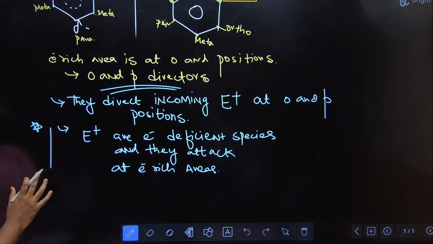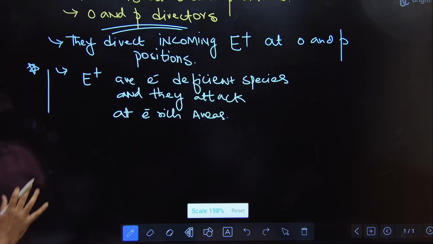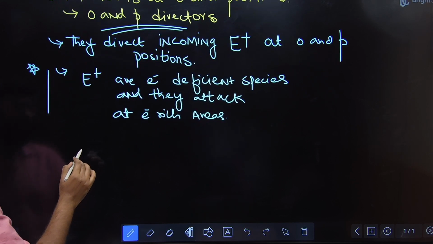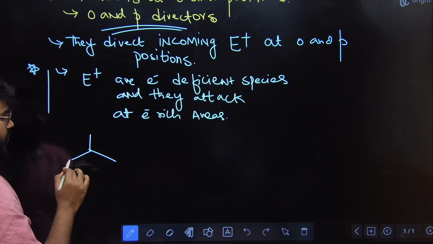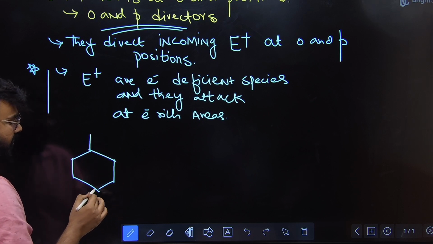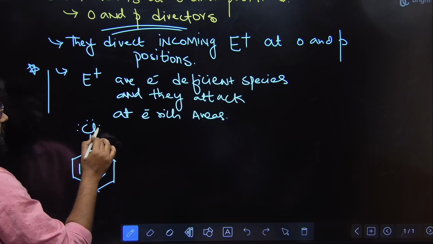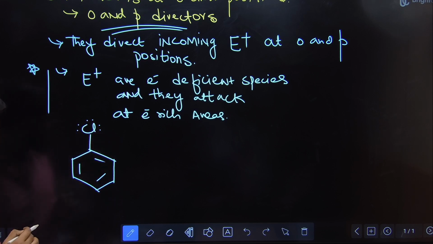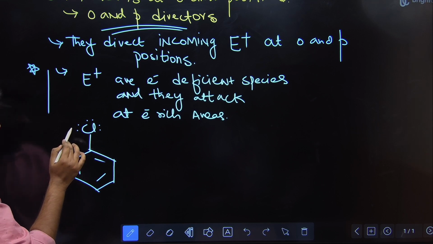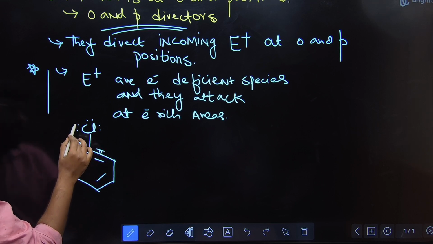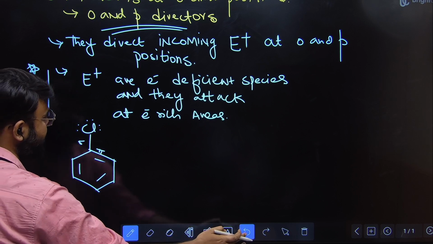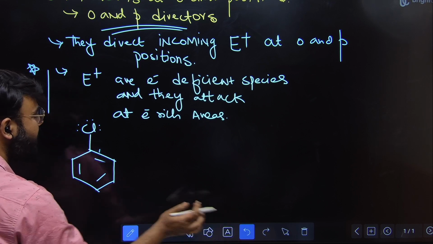Now guys, understand one thing here. You have seen the resonating structure of haloarenes, right? We have seen how resonance was happening in the first step, the pi sigma lone pair conjugation.